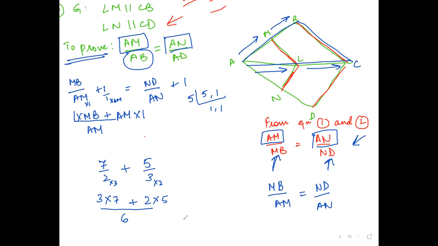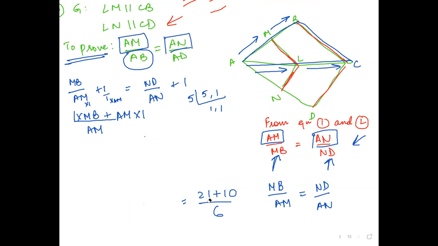You can have any number. In that particular case you were having 1, that's okay, but you can have any number. So you have to check how many times it is going, and that will be multiplied with the numerator. So it will be 21 plus 10 divided by 6. Like that you have to do. Understood now? Yes, ma'am. That is why I'm saying calculations are so important.